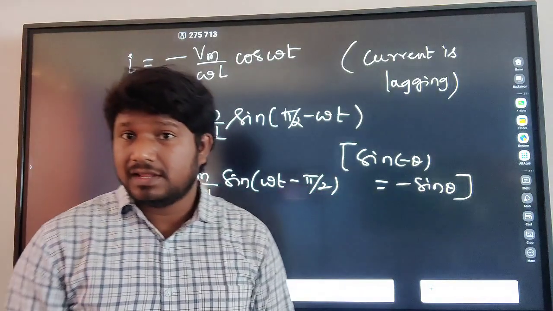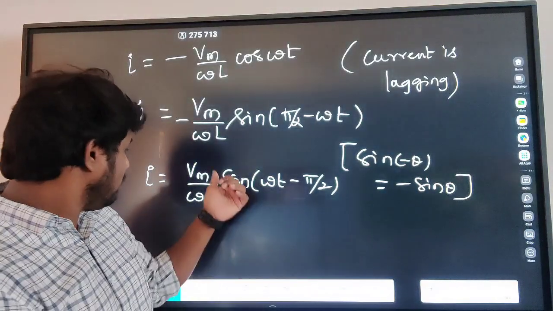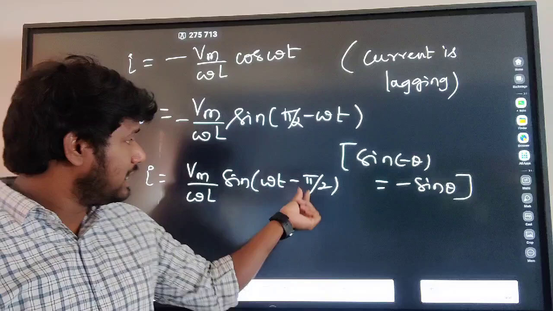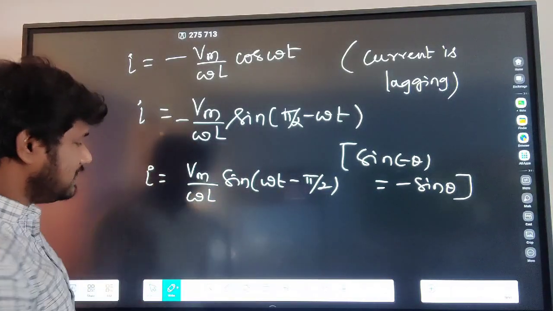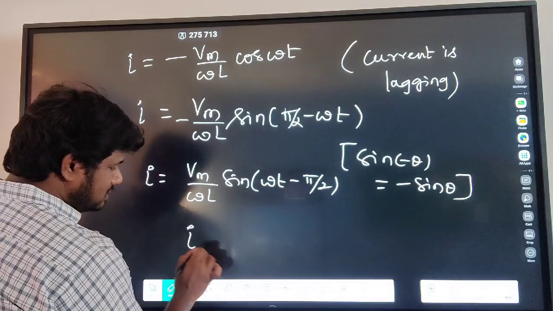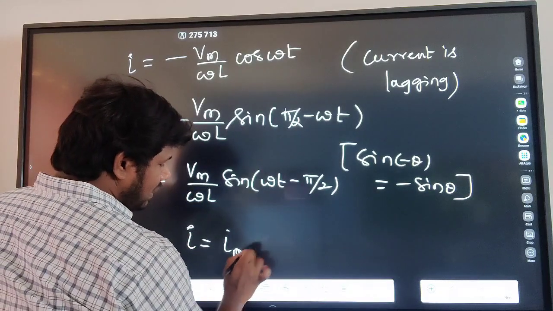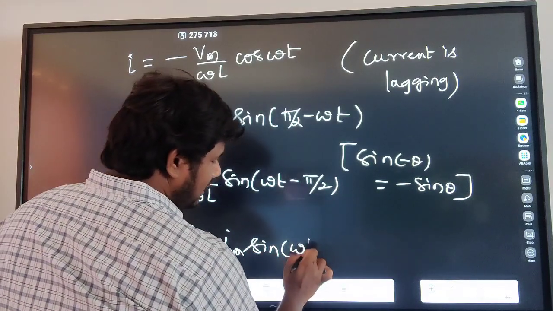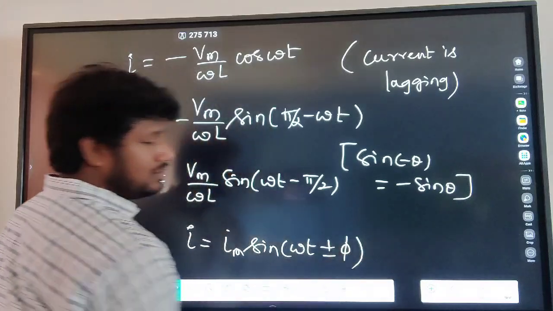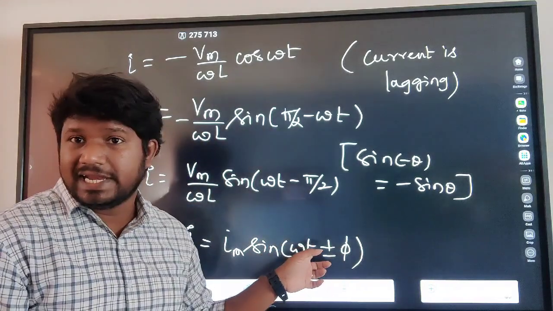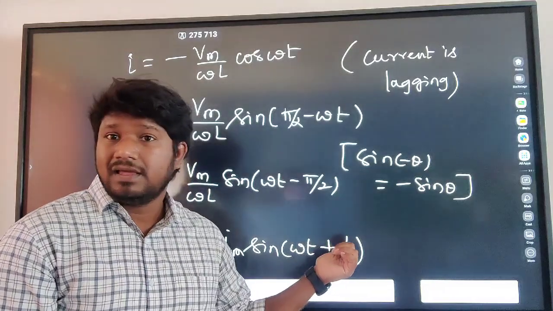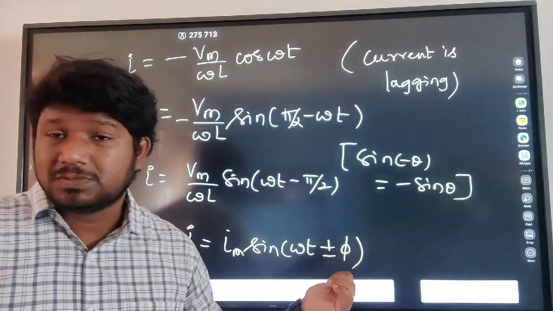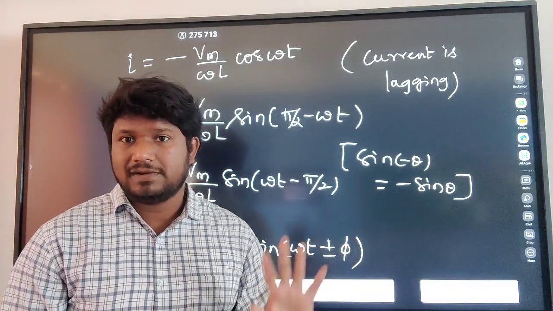What we got finally: i equals Vm by omega L sine of omega t minus pi by 2. Clearly, this is the standard representation: i equals Im sine of omega t plus or minus phi. This plus indicates leading, minus indicates lagging. Then what is this phi? Phi indicates the phase difference between voltage and current.